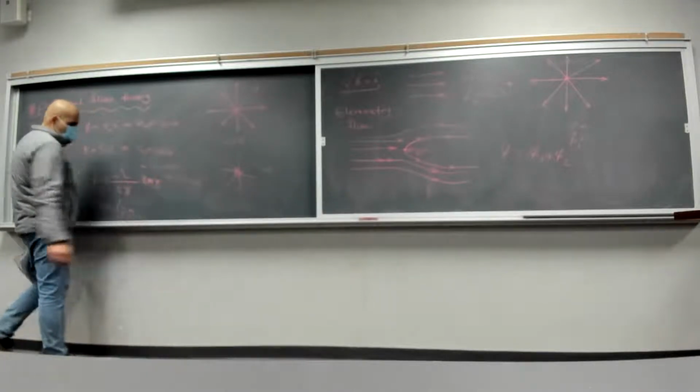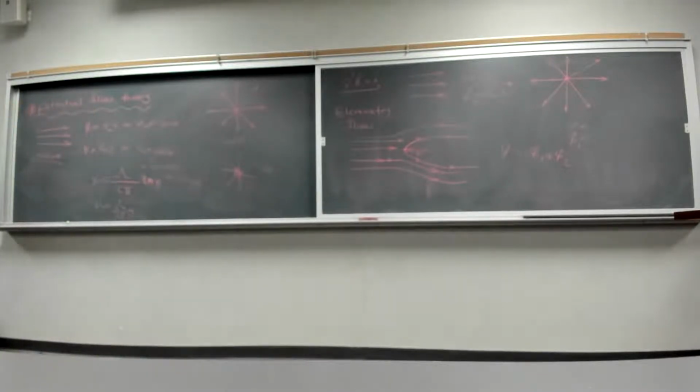So, natural log of R. Okay, who can tell me what is VR and V theta based on what you're seeing here? You have the potential, you have the stream function. You can use either of those to get the velocity, right?